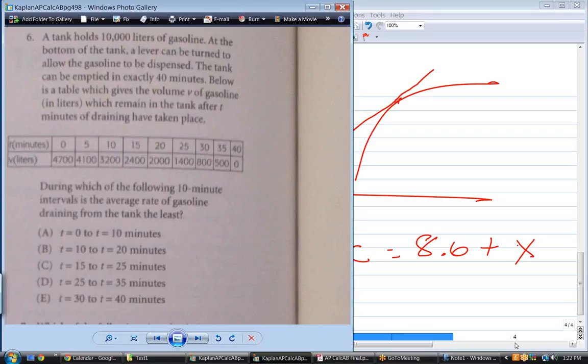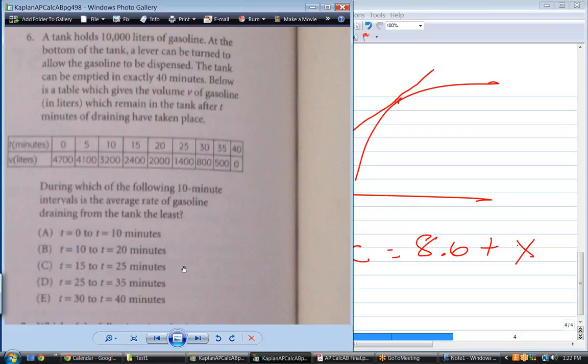Okay, write that down. And in answer B, the next 10 minutes: 1,200. And from 15 to 25?